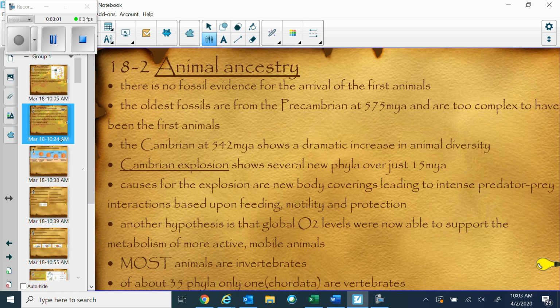Our ancestry is very similar to how we talked about with plants. So as we say, plants arrived around 3.9 billion years ago. That's not plants, I'm sorry, that's prokaryotes, so life. But the evidence of life is 3.5 billion years ago.